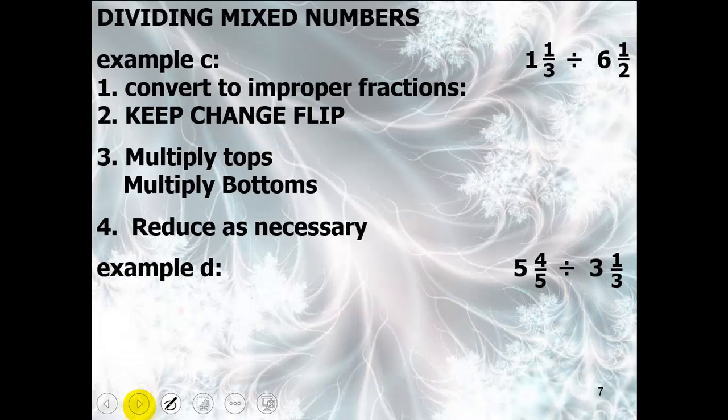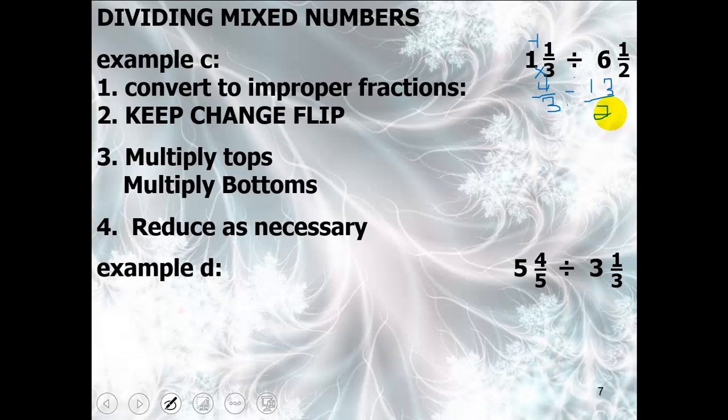Dividing with mixed numbers. All right, we're going to just pop in that one extra step, and we're going to convert the mixed numbers to improper fractions. So I have 3 times 1 plus 1 is 4/3, divided by 2 times 6 is 12 plus 1 is 13/2.